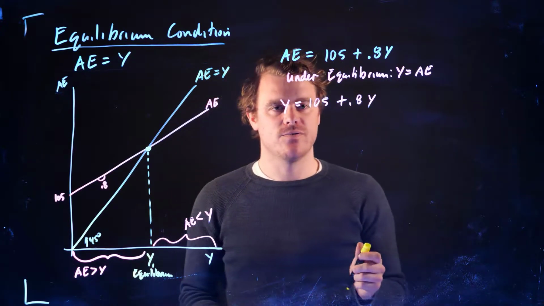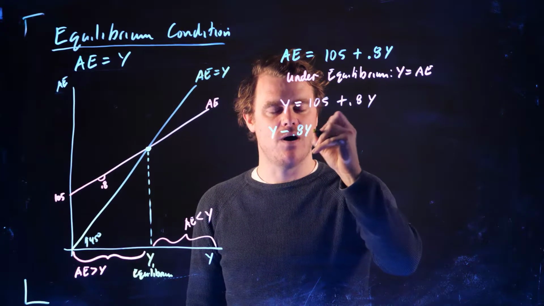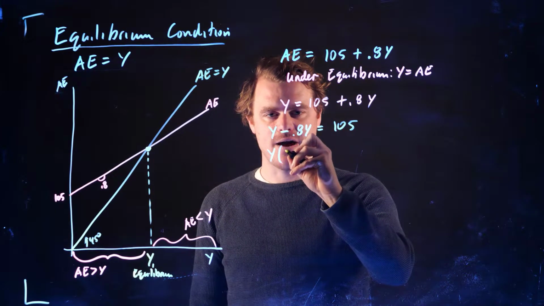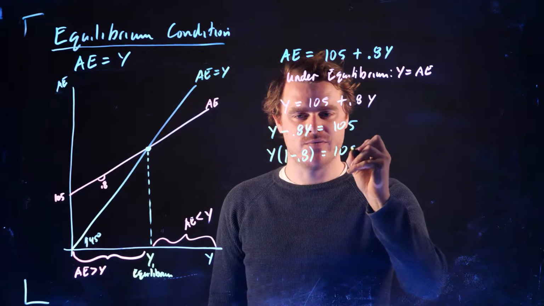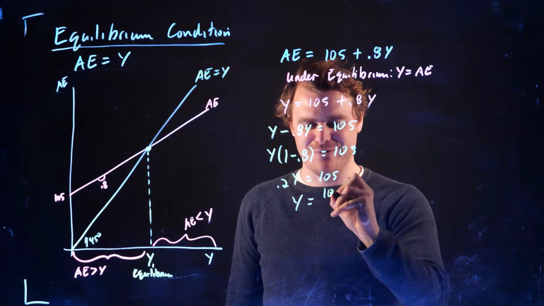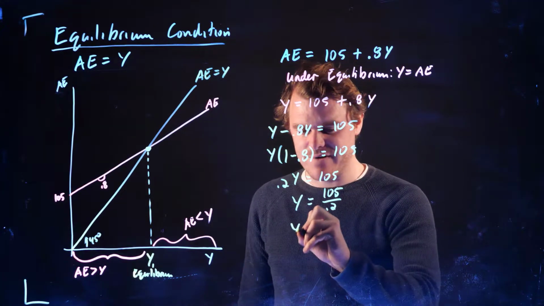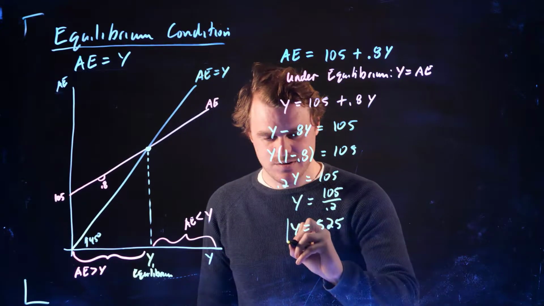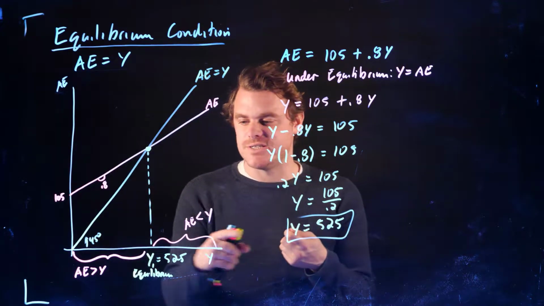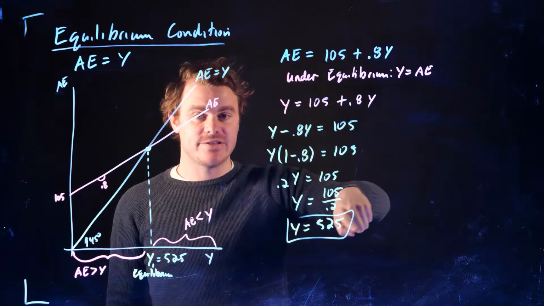Then we just need to solve for what Y equals. So Y minus 0.8Y equals 105. We can factor the Y out: (1 minus 0.8)Y equals 105. So 0.2Y equals 105. I'm just showing all the steps here. 105 divided by 0.2, which is the same as multiplying by 5, gives you 525. So if you wanted to algebraically solve for the equilibrium where these two lines cross, we just invoke our equilibrium condition and solve for Y.